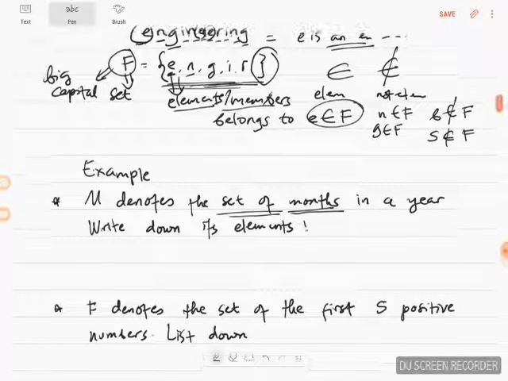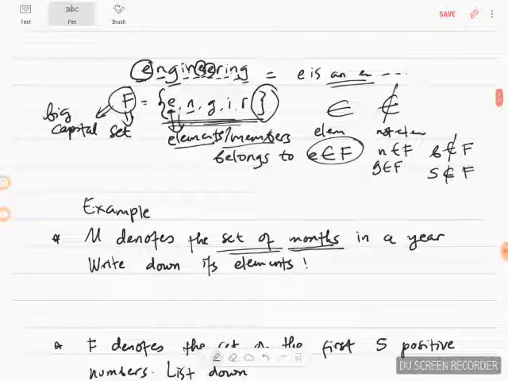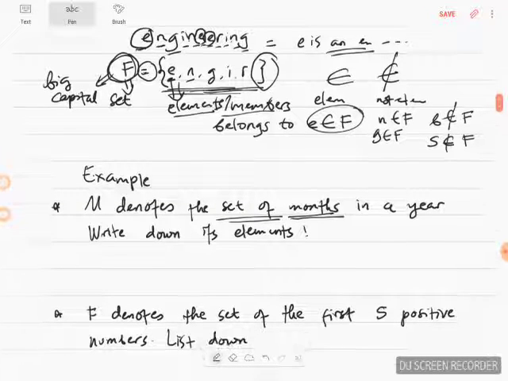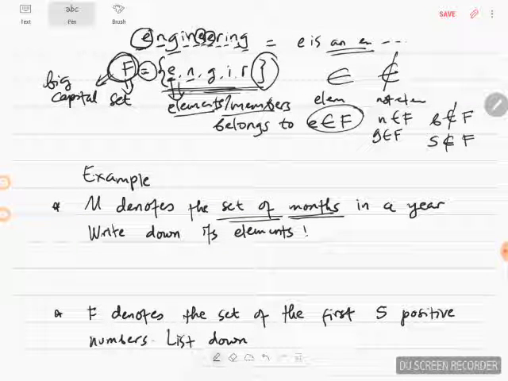Now, in this case, since M is months in a year, in 1 year there are 12 months, right? So we can write it as M equals, inside the bracket, January. You can write it in long form, but I just want to shorten it.